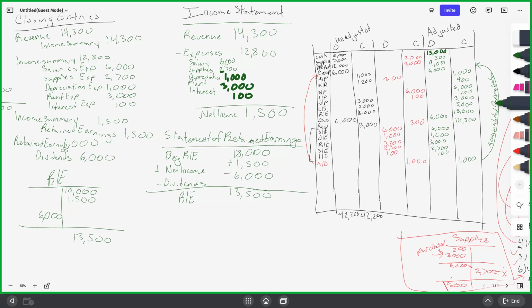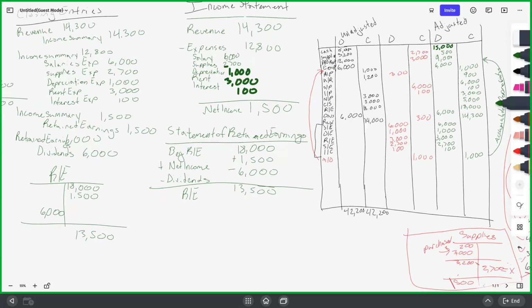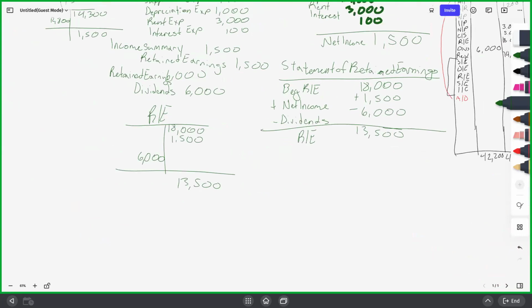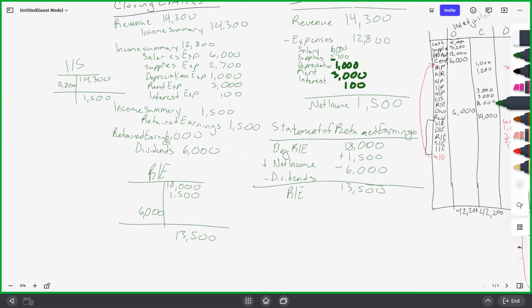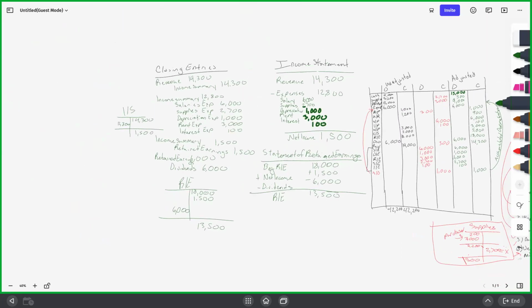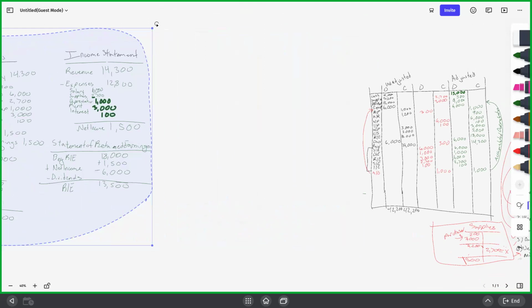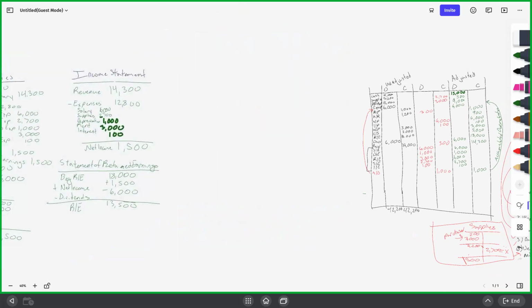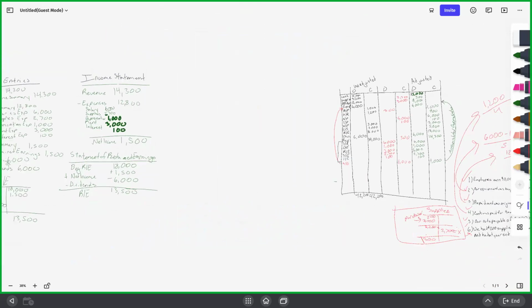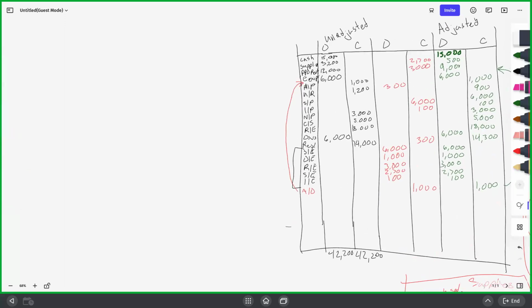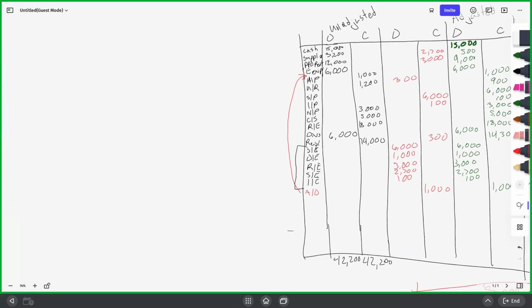We'll really focus on that next week, but we do want to make our final balance sheet. So I'm going to move these so I can see this side by side. So we're going to make our balance sheet.